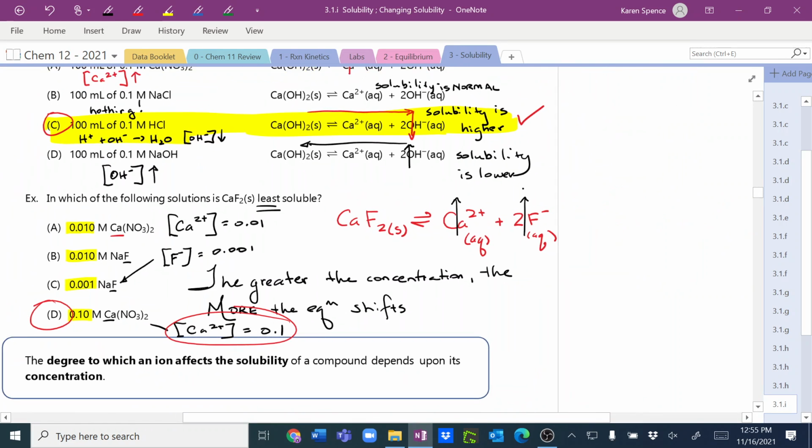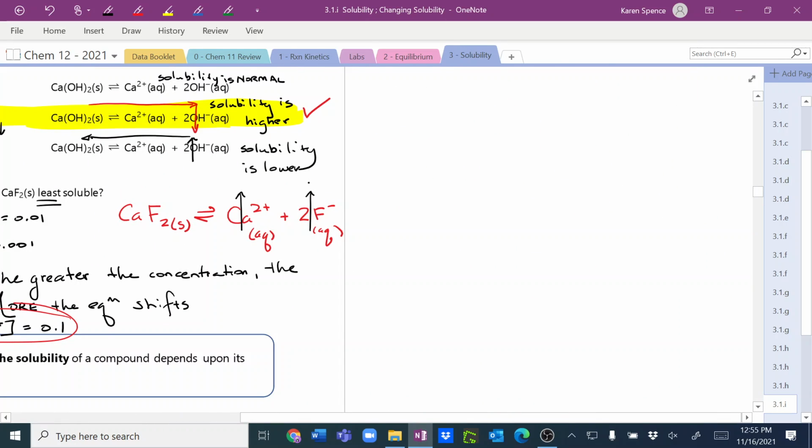If you think of it this way, like let's say we started out with calcium fluoride that was made by dissolving calcium and fluorine. So we would have, these are totally made up numbers. They're not right because calcium fluoride is low solubility, but let's say we had 1 molar calcium and we had, I don't know, 2 molar fluoride.